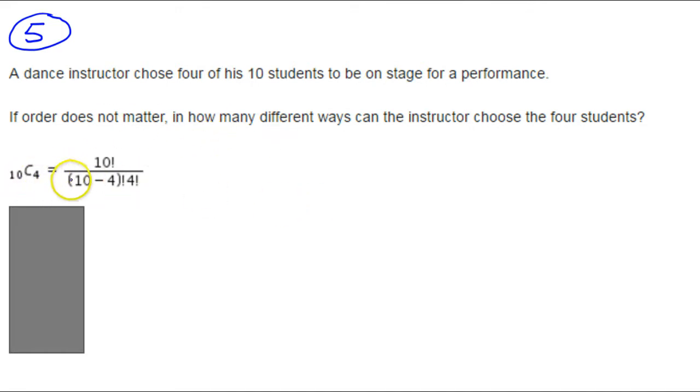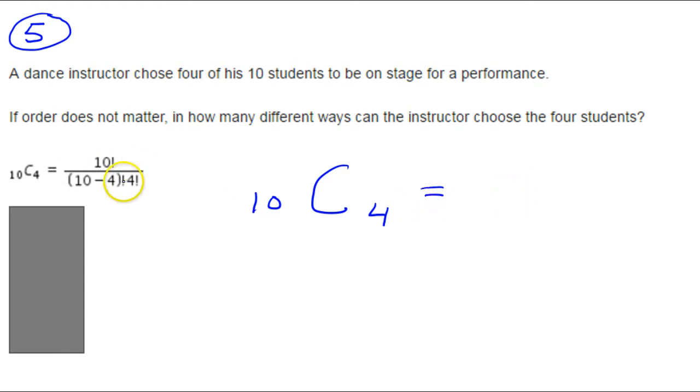And so we say 10 combination 4, or sometimes I'll say 10 choose 4. Because there's a total of 10 students, but we're choosing 4, and the order doesn't matter. And they were kind enough to give us the formula here to use. So, I guess you have to know what factorial means, or at least how to do it on your calculator.